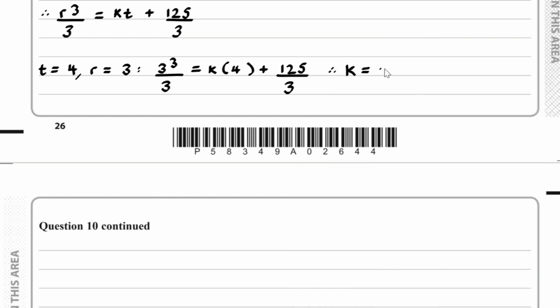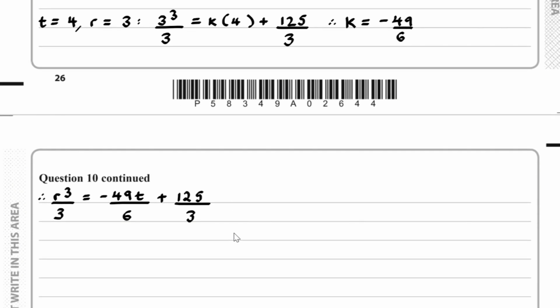And knowing what k is, we can conclude the solution to our differential equation: r cubed over 3 equals minus 49t over 6 plus 125 over 3. This is the solution to the differential equation.